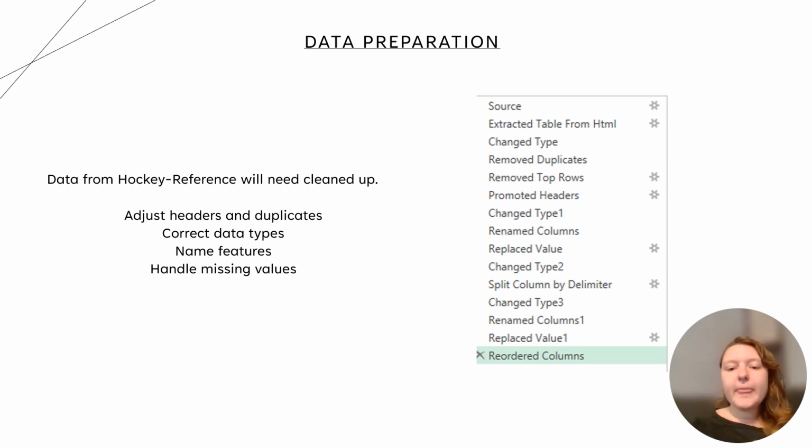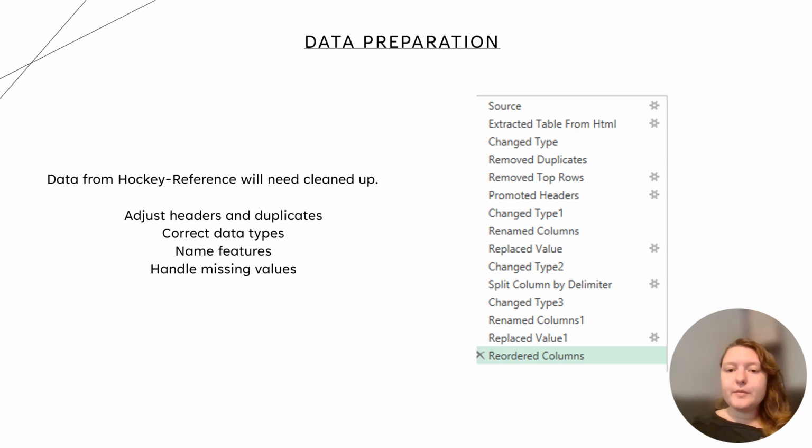As I skimmed through the first things, I noticed that what we definitely needed to work with on this one are those headers and duplicate rows. They just need to be cleaned up a little bit. They need to make a little more sense to me as, again, for the example, a beginner.